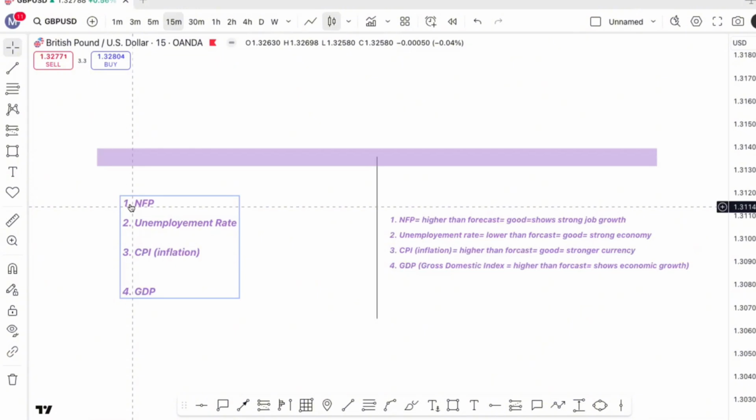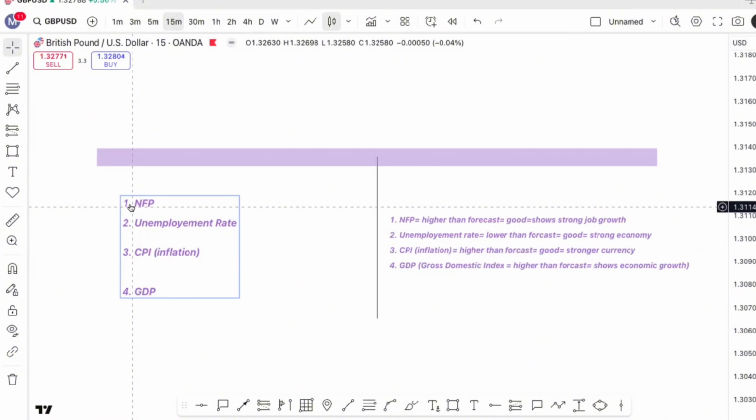And then GDP, so gross domestic product, a higher than forecast shows economic growth, because what GDP represents is it measures the total value of goods and services produced in a country. So if the actual number is higher than forecast, there's possibility of economic growth.